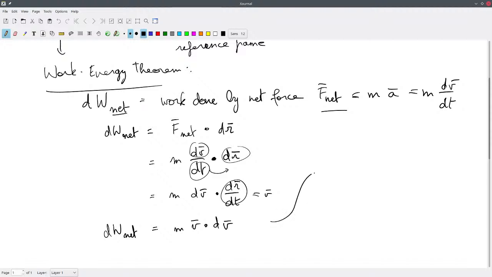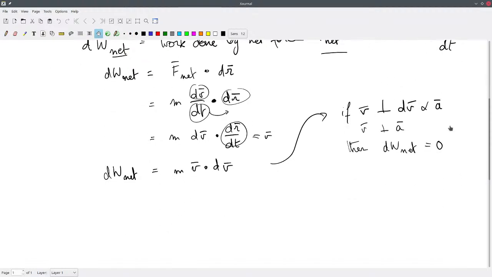So a couple of things that we can see from this: if the velocity is perpendicular to the change in the velocity, in other words, if the velocity is perpendicular to the acceleration, then the infinitesimal amount of net work will be equal to 0, right? Because of the dot product.